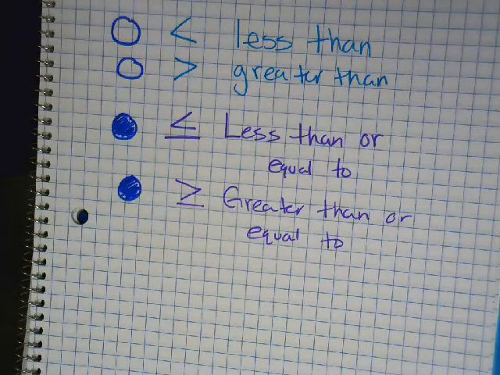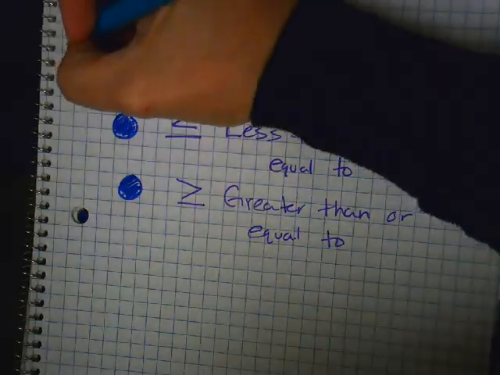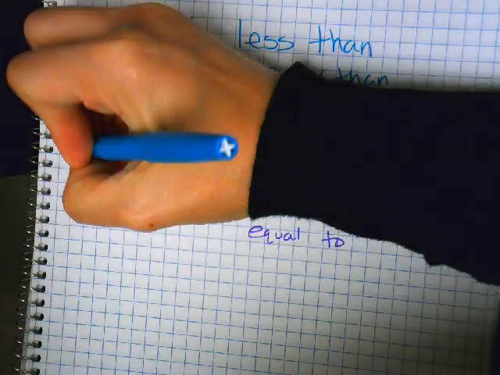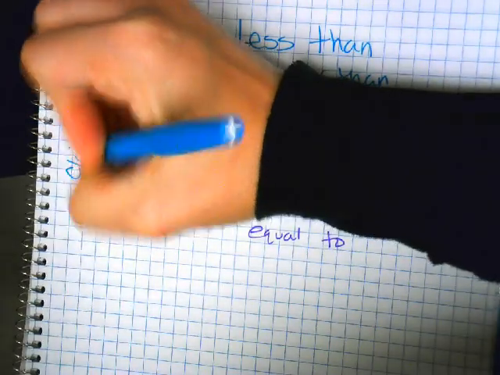The last two circles are shaded in, otherwise known as closed circles. So these are called open circles, and these are called closed circles.